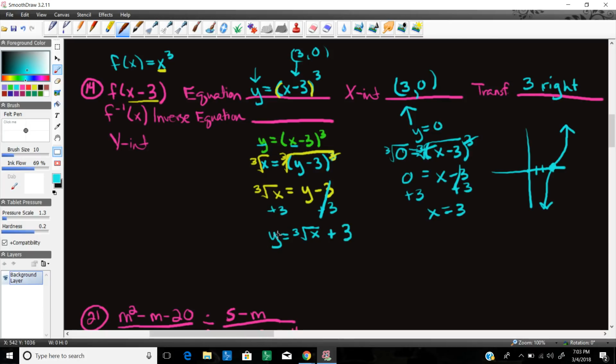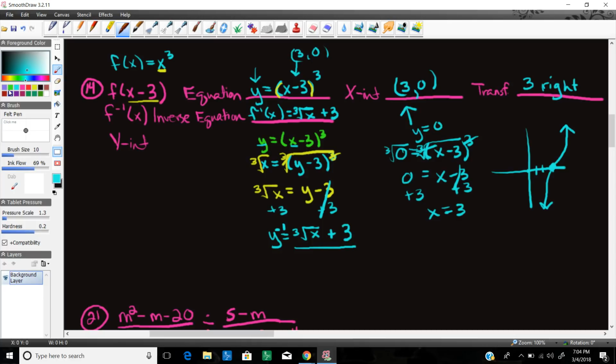And because this is the inverse, you have to label this either as y to the negative 1, or we can go ahead and do f of inverse, however you want to do it. But this right here is the important part, okay? So let's go ahead and label it as f of inverse just because that's what I have here. So f of inverse of x is equal to the cube root of x plus 3.